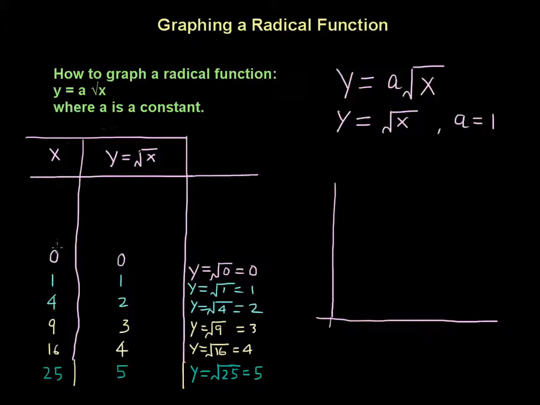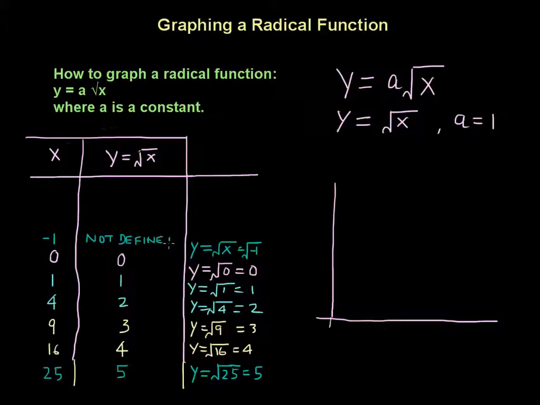Now let's go to the side and choose x as -1, to see what happens. When y is the square root of x, and x is -1, the square root of -1 cannot be solved, cannot be found. So basically it is not defined. I'll write down here, this is not defined.